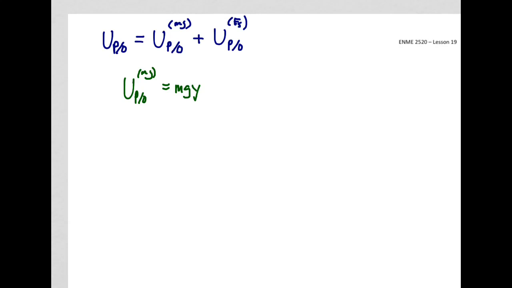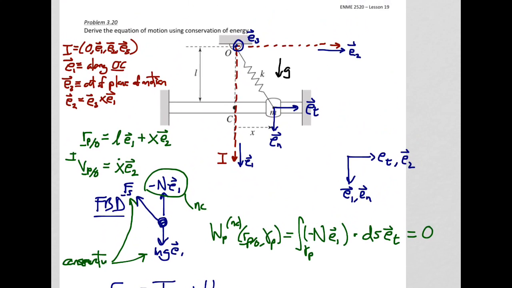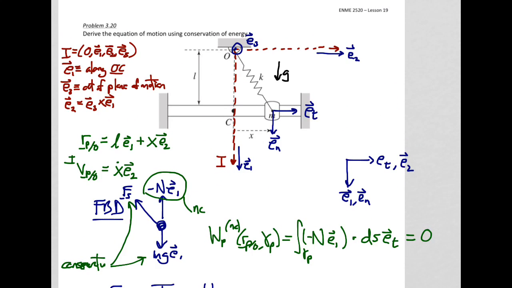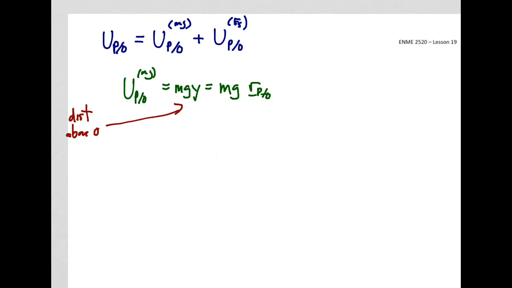We have the same constraint on y, in which y has to be the distance above point O. So this will be mg, and then r of P with respect to O. To get that distance above, which is in the negative E1 direction, we dot this with negative E1, and our expression here is negative mg.